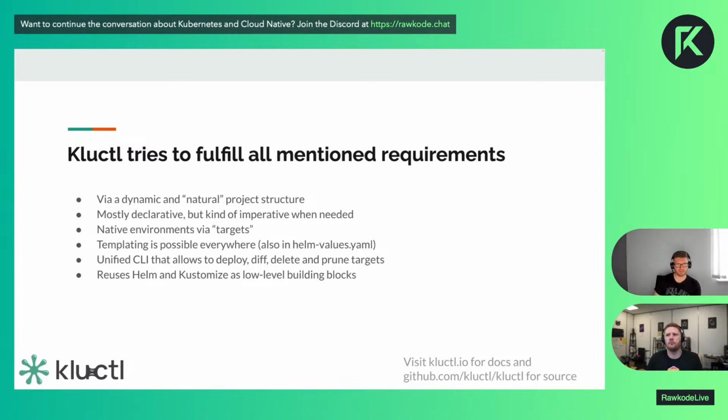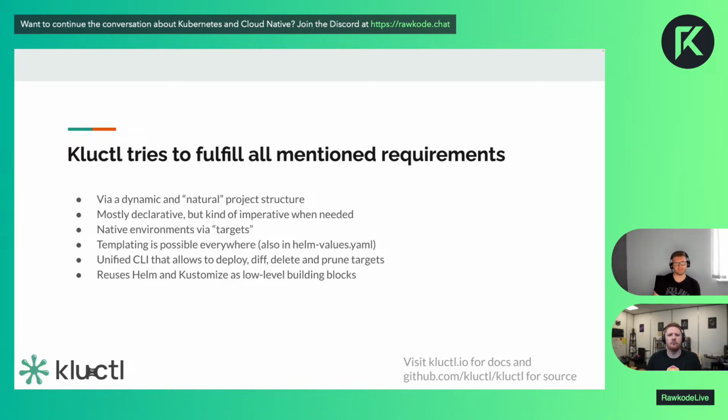Templating is possible absolutely everywhere, with one or two exceptions, but it's really minimal. This also includes Helm values.yaml. So you don't have to write 5 different Helm values files for 5 different environments. You can write one and use templating to do the one small change that is required to make it work on prod and test at the same time.